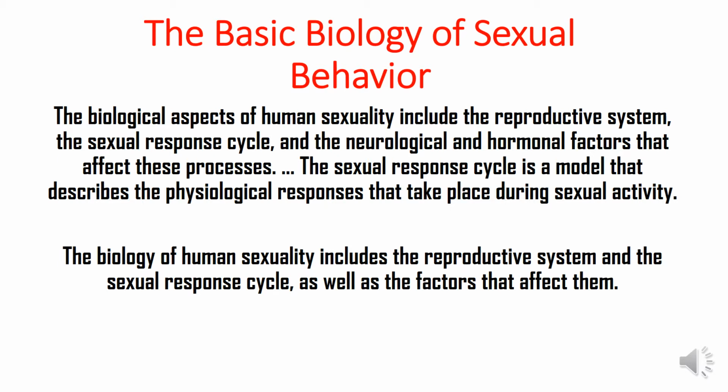The sexual response cycle, my dear viewers, is a model that describes the physiological responses that take place during sexual activity. The biology of human sexuality includes the reproductive system and the sexual response cycle, as well as the factors that affect them.